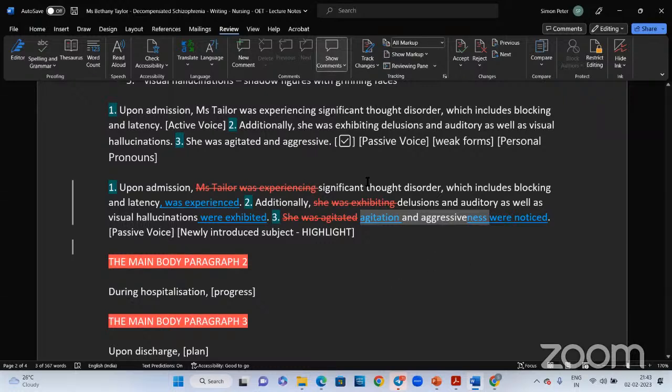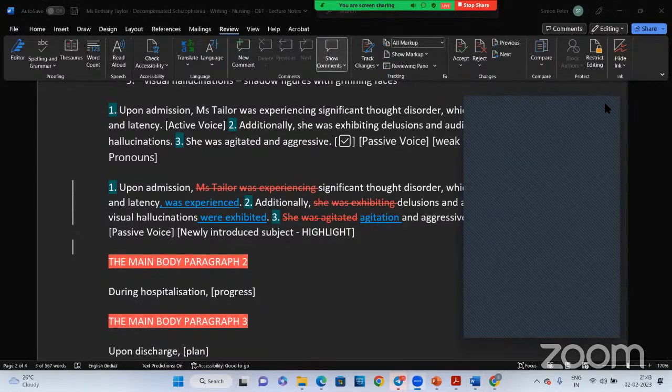So right. Shall we move on to the next paragraph?